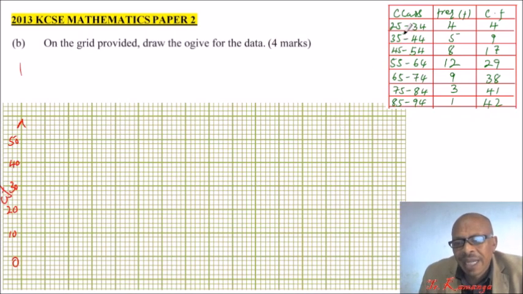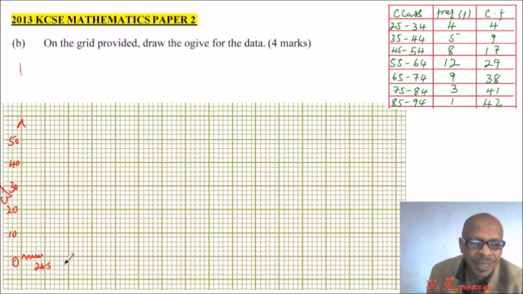Then the upper class boundary of this class, we start with 24.5. So that we have, it does not start from 0. We put a zigzag line here and we say this is 24.5. Then the next one is 34.5, then 44.5, 54.5, 64.5.